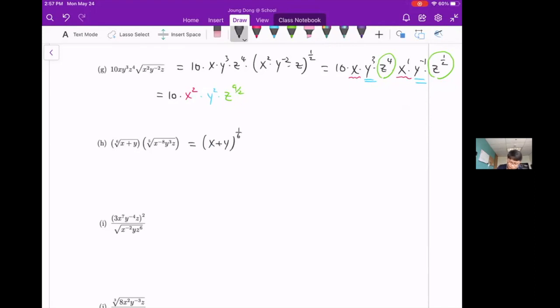And the second one is x to the -8, y cubed, and z to the 1/5, okay? And then look at the first one. It is x to the 1/6 plus y to the 1/6, right?